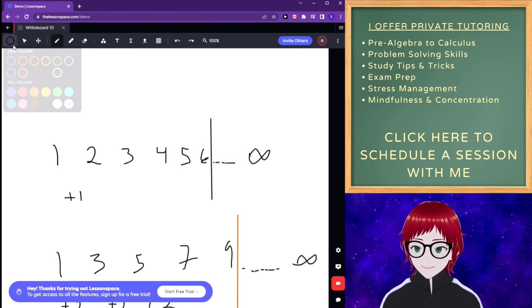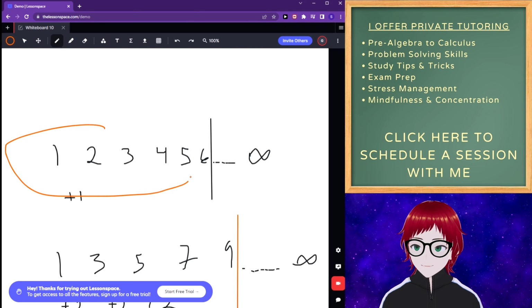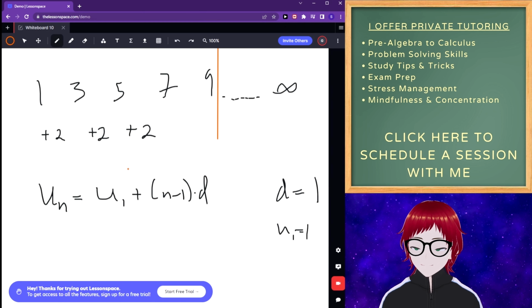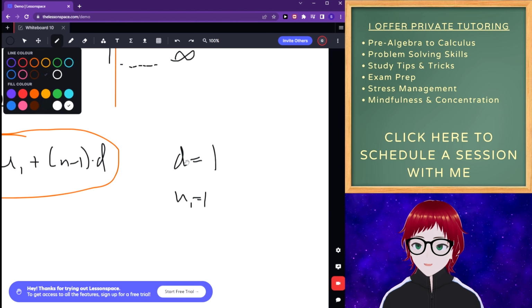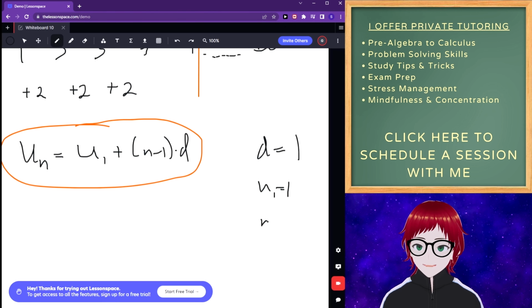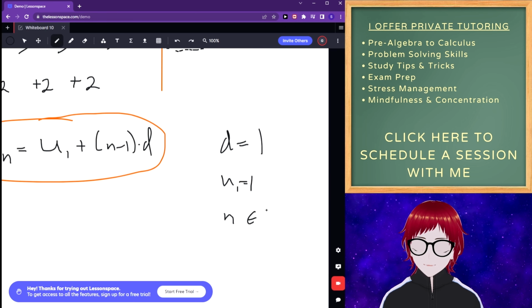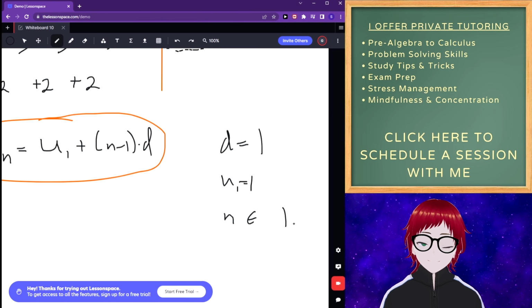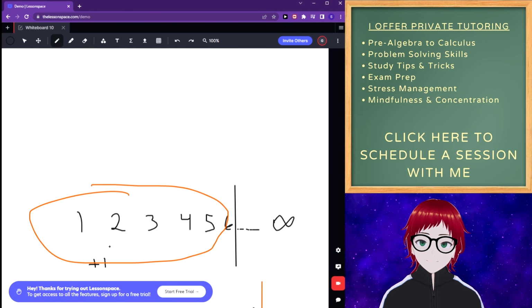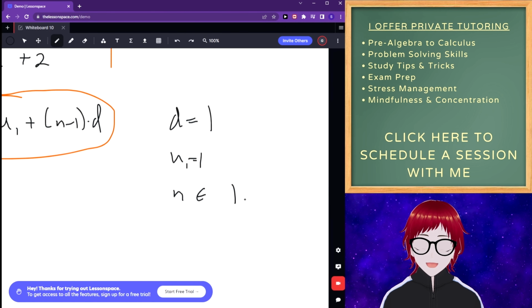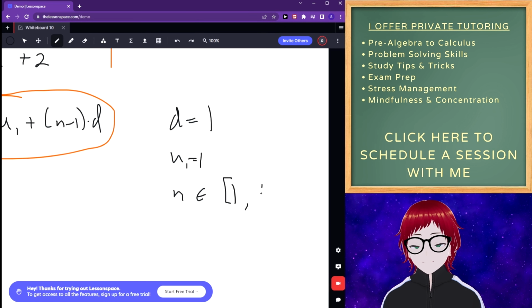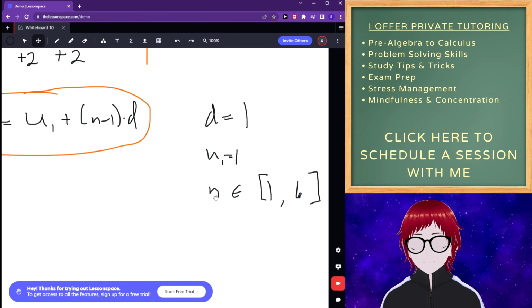We could just say that this here is equivalent to this for values of n from 1 to 6. Okay.